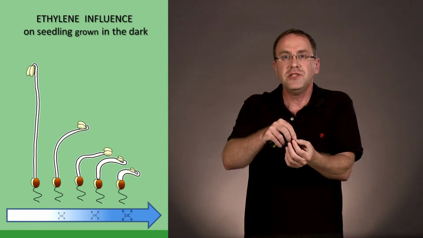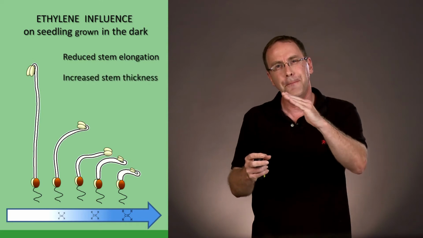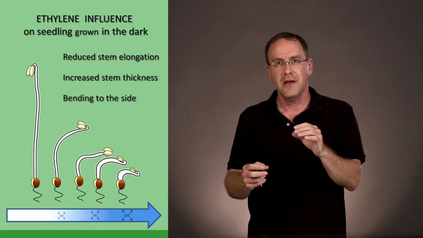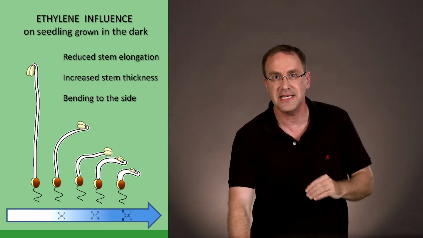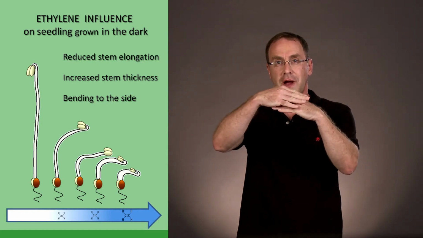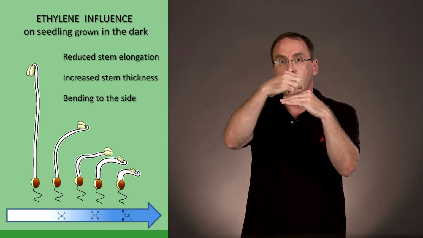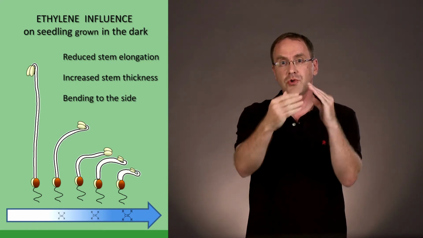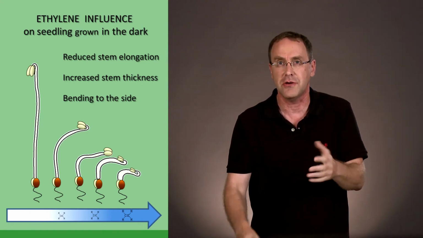We get reduced stem elongation, a thicker stem, and it actually ends up bending around to the side. One of the reasons we think it does this ecologically is that as a seedling is germinating, coming up through the ground, if there's something blocking it, say a rock, there'd be a local increase in ethylene, which would then let it bend to get around it. This is what we think is happening in nature, but we don't know.